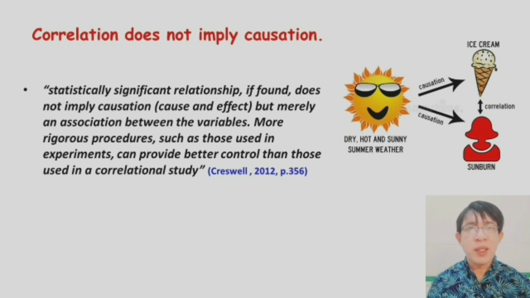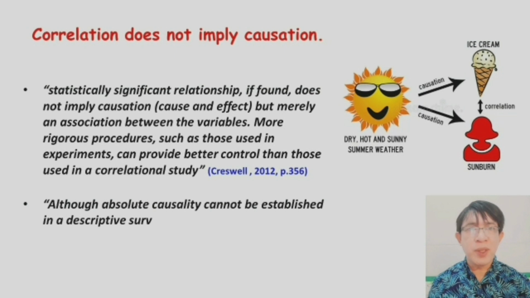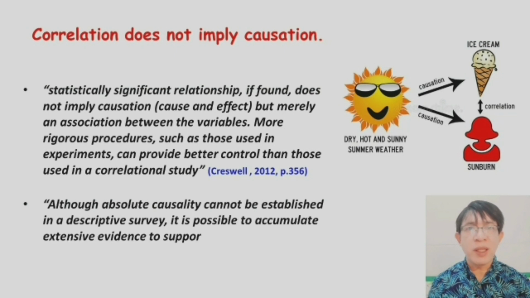While factorial designs, two-way, three-way, four-way, and others, approximate the magnitude of each factor variable, experimental designs determine the specific factor and eliminate other plausible factors that could affect the existence of causality. Although absolute causality cannot be established in a descriptive study, it is possible to accumulate extensive evidence to support causality.